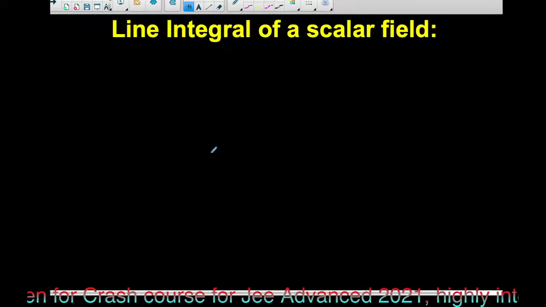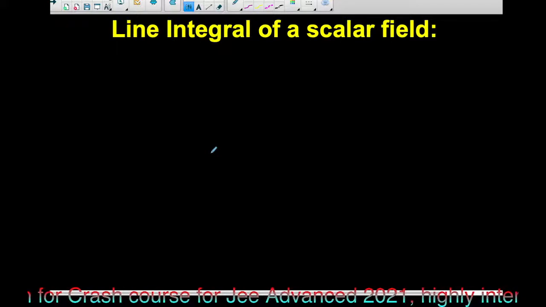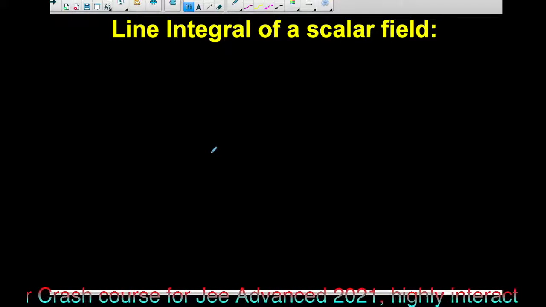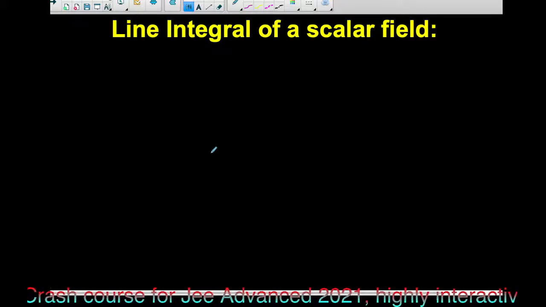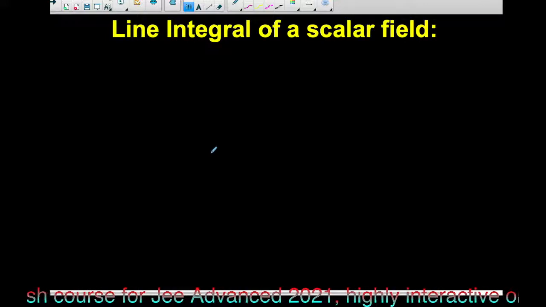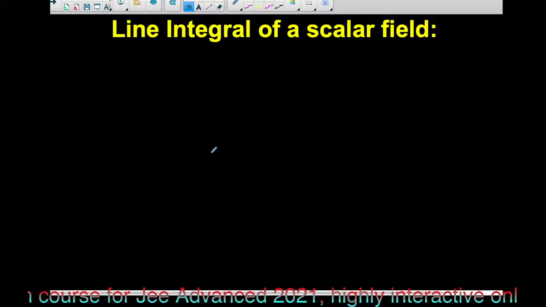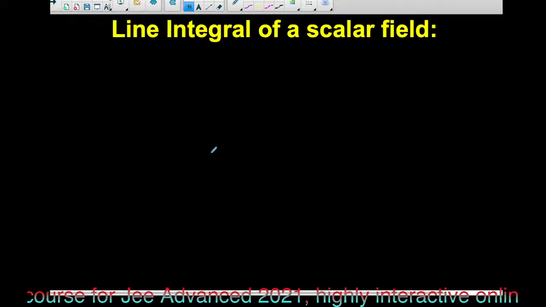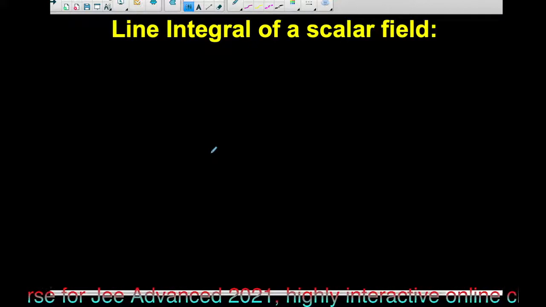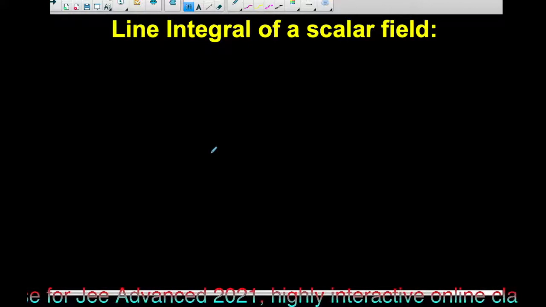Then we'll go for the line integral of a vector field instead of a scalar field, and do one or two problems. Then we go for the work energy theorem, and then more numericals on line integral for practice. Then we will understand what the line integral is, and later on we'll go for surface integral.